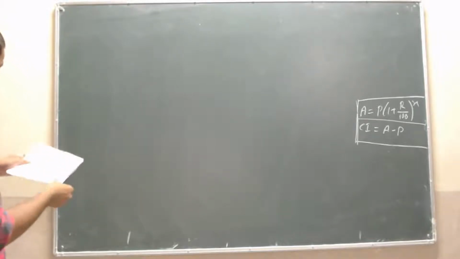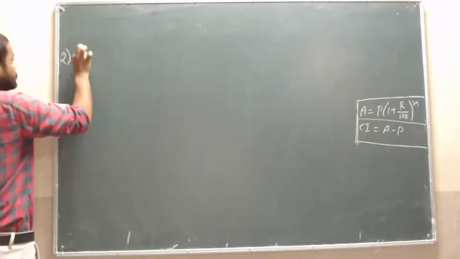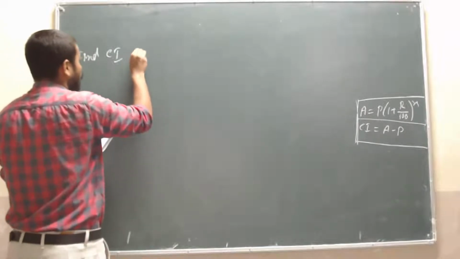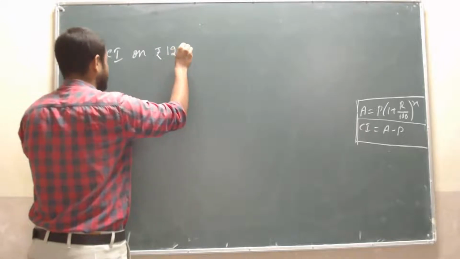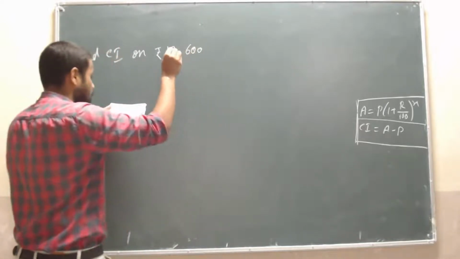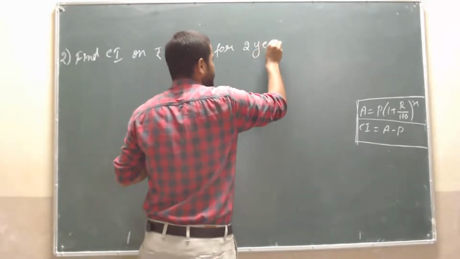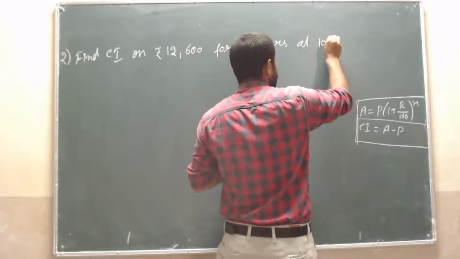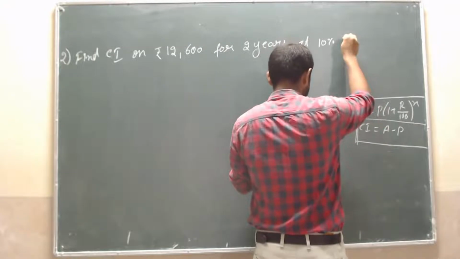Yeah, second problem we have, that is: find CI, that is compound interest, on rupees 12,600 for 2 years, at 10% per annum compounded annually.